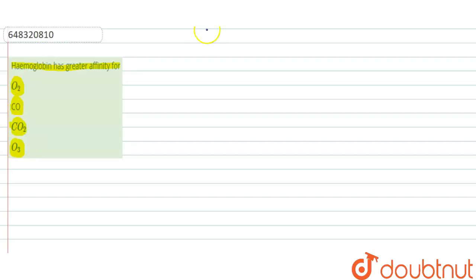So what does this term hemoglobin mean? Hemoglobin is actually derived from two terms, heme and globin. Heme means related to iron, and globin is a protein.